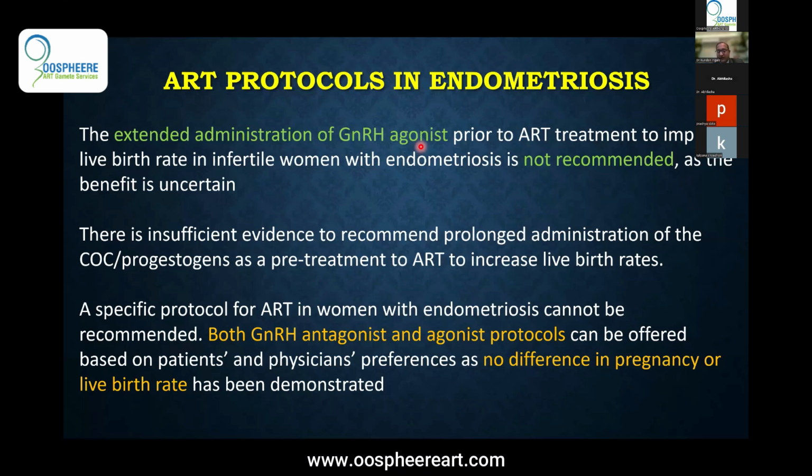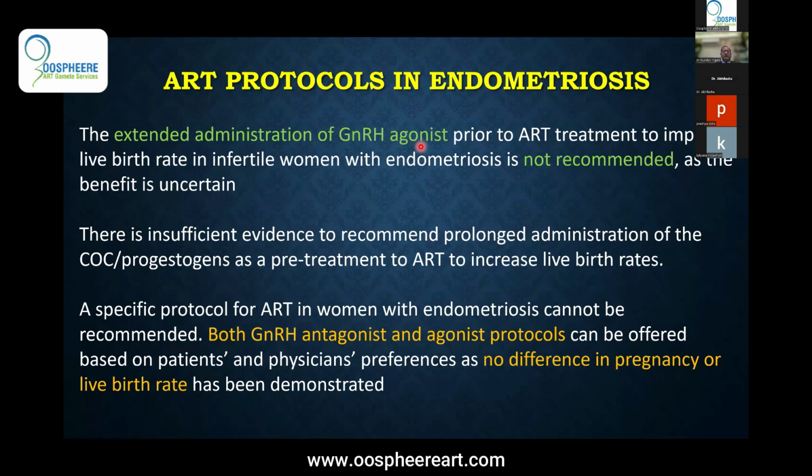There was an era of 8 to 10 years where we used to prefer this extended or ultra-long agonist protocol for all adenomyosis or endometriosis patients. Now the 2023 endometriosis guidelines say it is not recommended because the benefit on live birth rate is uncertain. It doesn't improve it, and that is why, since the 2023 ESHRE guidelines came out, we have stopped using this ultra-long or extended administration of GnRH agonist protocol.